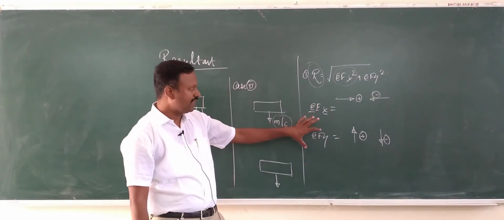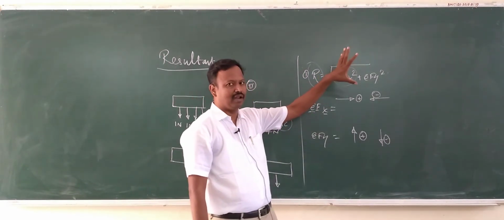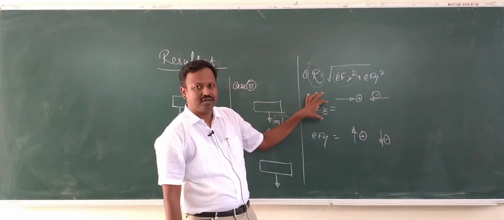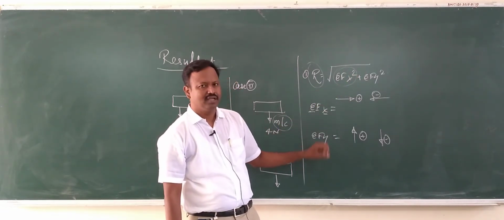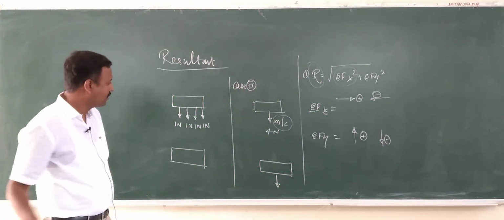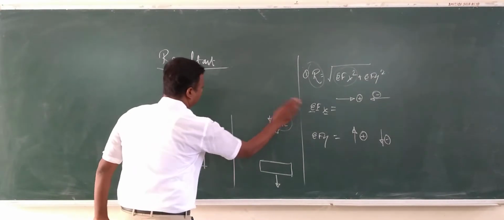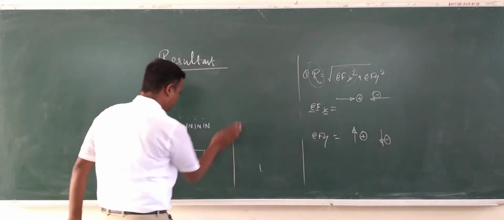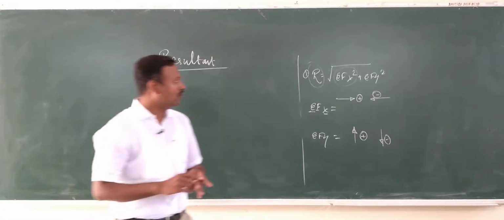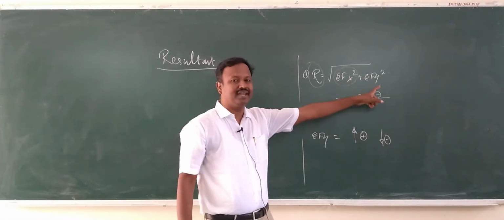After that we can put the values in the formula. But the next thing, all the forces must be horizontal or vertical forces. If there is an inclined force, what do we have to do? This resultant formula only consists of horizontal and vertical forces.